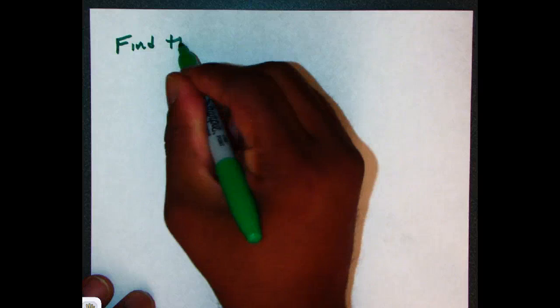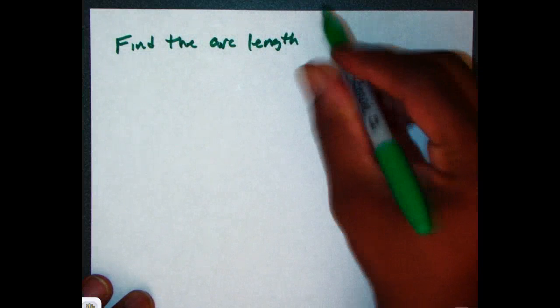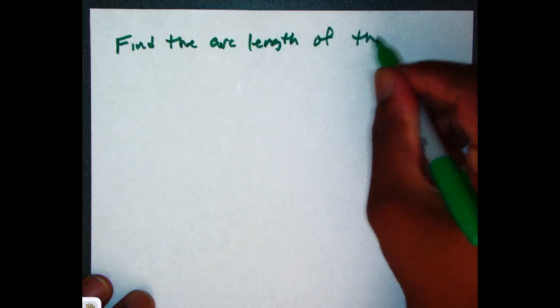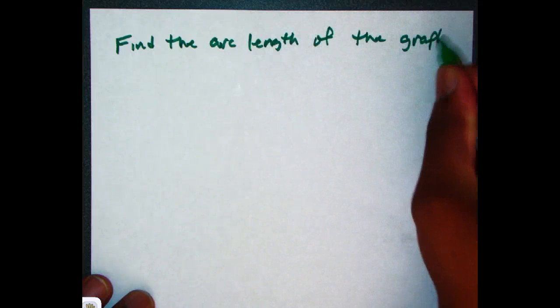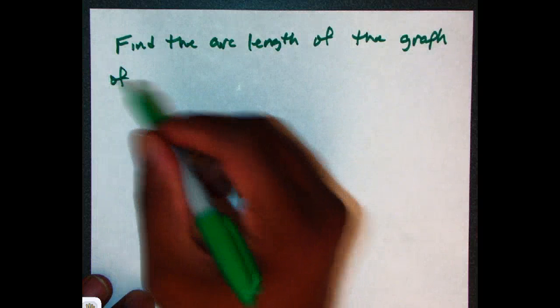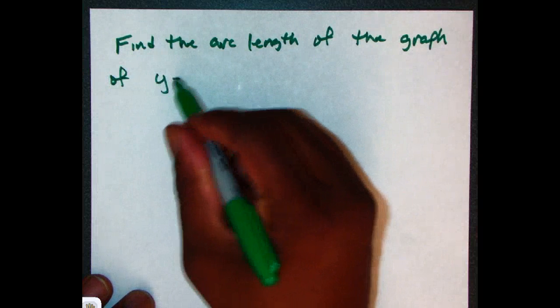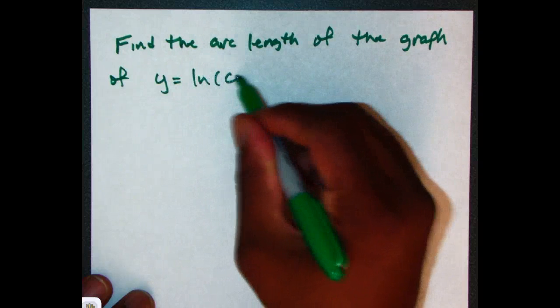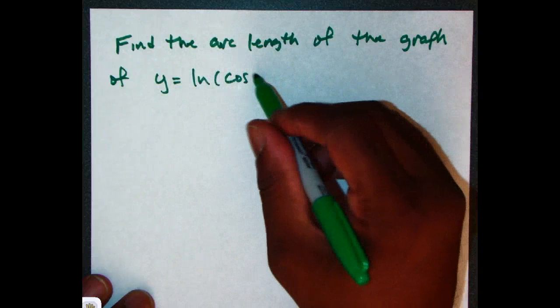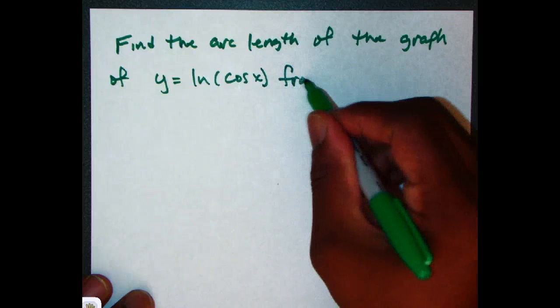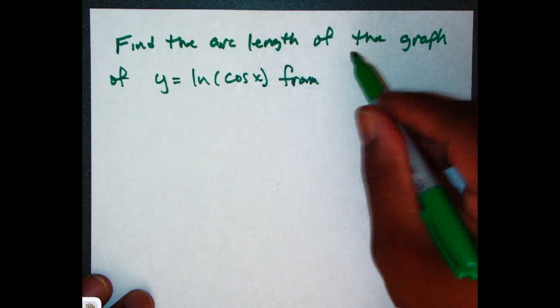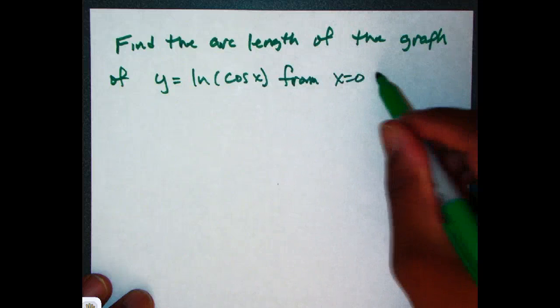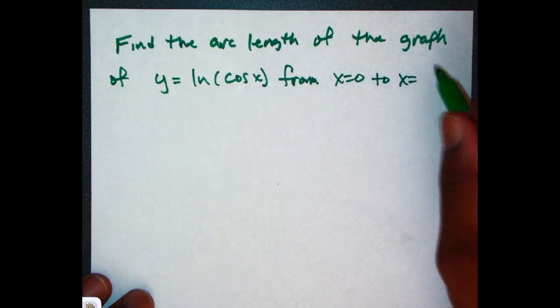Let's take a look at a couple of examples. Find the arc length of the graph of y is equal to natural log of cosine of x from x equals 0 to x is equal to pi over 4.